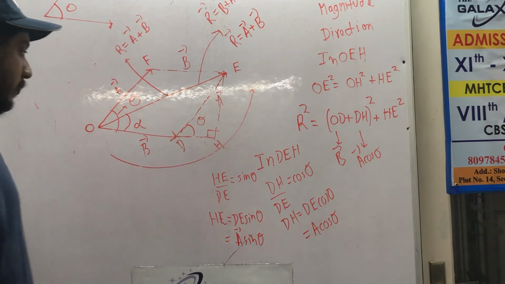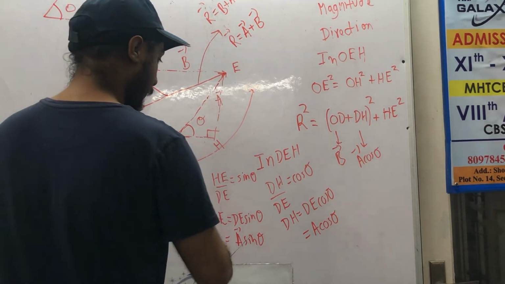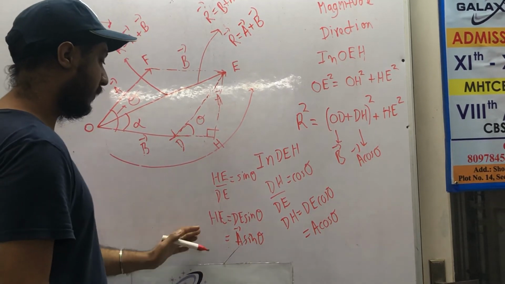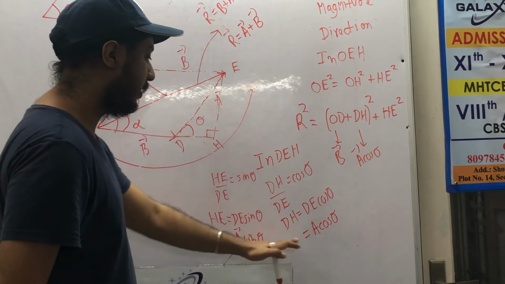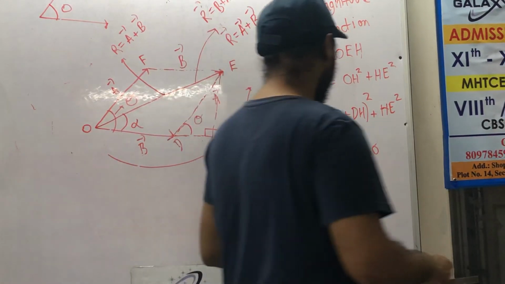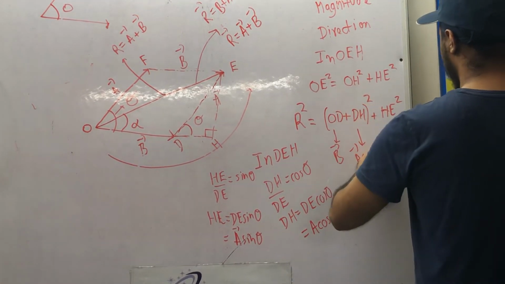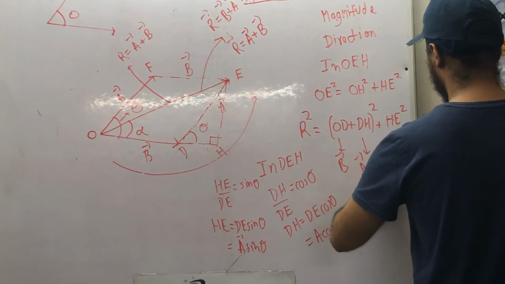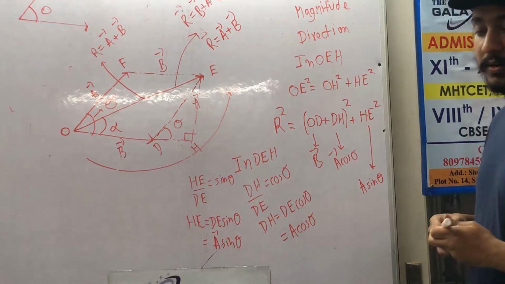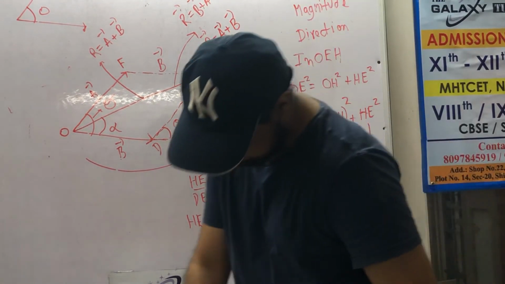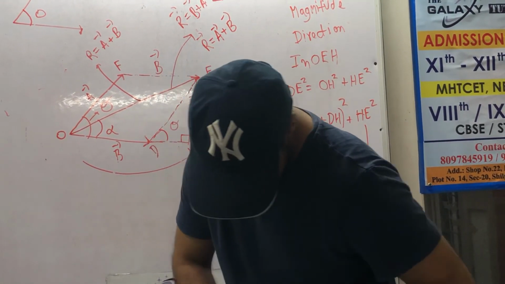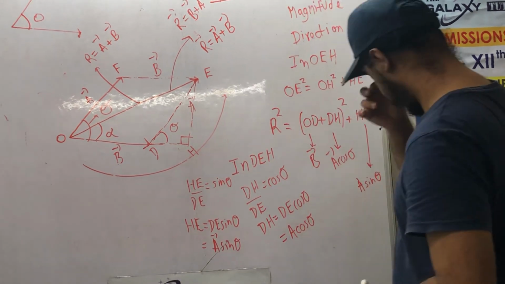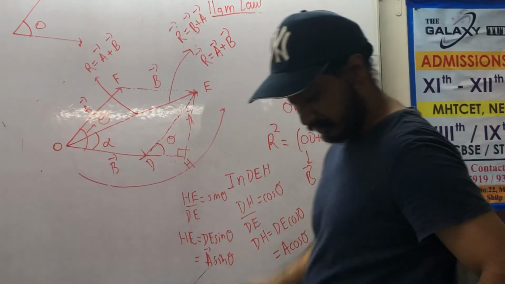So that is clear to you. The value of HE is A sin theta and DH is A cos theta. I will substitute them over here. Let's go ahead and continue with the derivation.